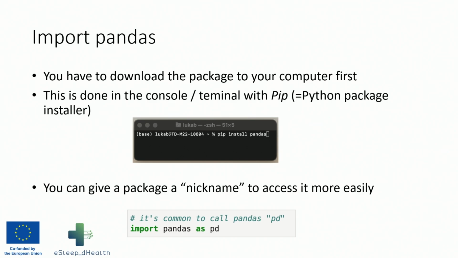On a Mac, you just type terminal in the search bar, then this little black window shows up, and then you type pip, that is a Python package installer, and then a space, then you type install, and then another space, and then you write pandas. And now the pandas package will be downloaded to your computer. And then you already did your first terminal command.